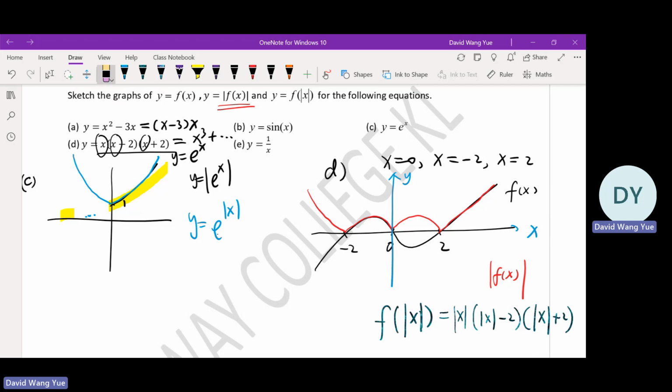So whatever is on the left is gone. What is on the right, reflect. So this is f of absolute value of x.